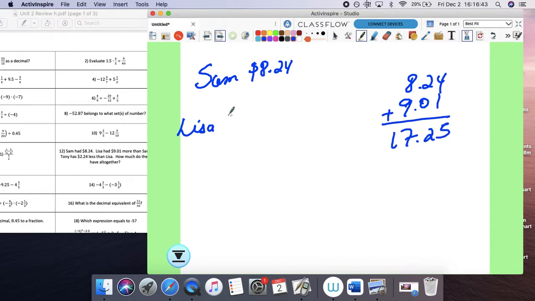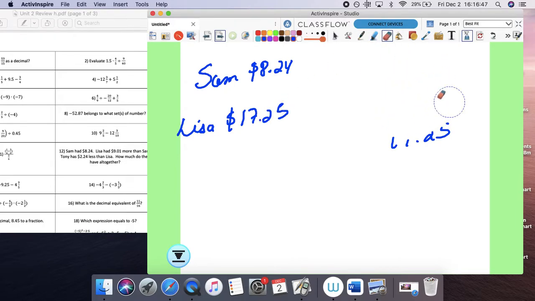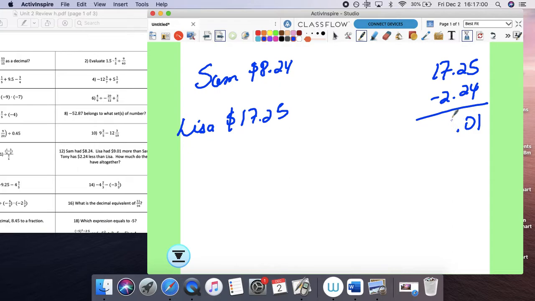And I know that Lisa now has $17.25. And then Tony has whatever Lisa had, but minus 2.24. So Lisa has 17.25. I'm going to subtract 2.24. So Tony has a little bit less than Lisa, and he has $15.01.